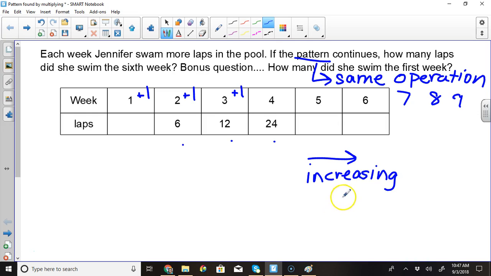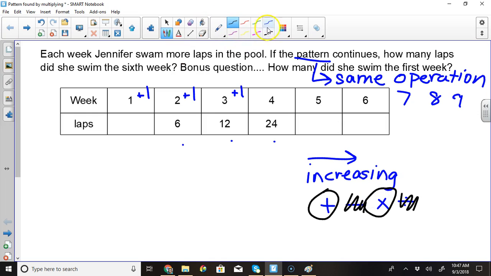So what are operations that can make numbers increase? Well, our 4 basic operations are adding, subtracting, multiplying, and dividing. Of these 4 basic operations that we use mostly, which ones cause numbers to increase? It's not subtracting, and it's not division. So yeah, addition and multiplication.